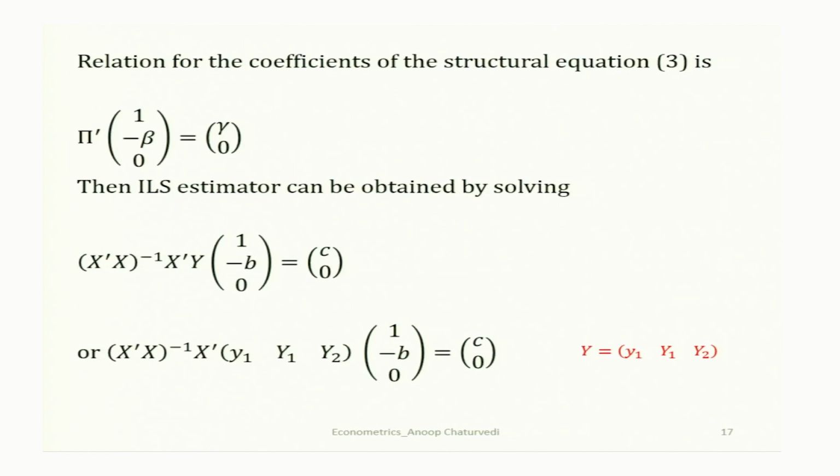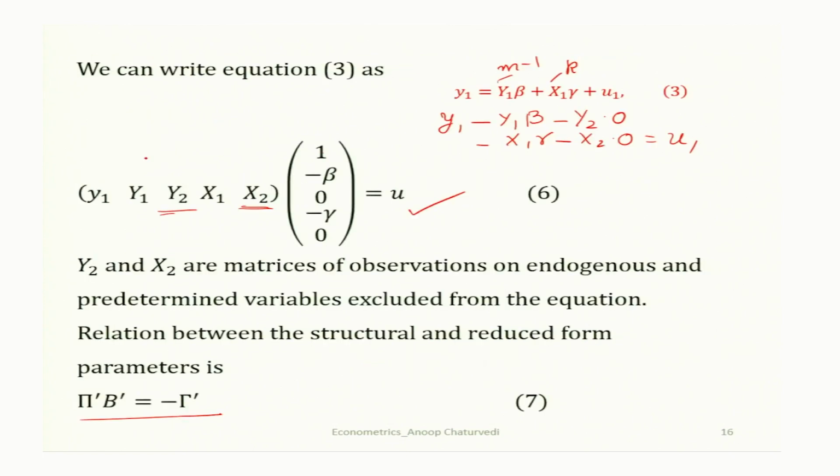Then corresponding to the coefficients of the structural equation 3, this relation is, say, pi transpose, then you have 1 minus beta 0, say corresponding to the first equation.